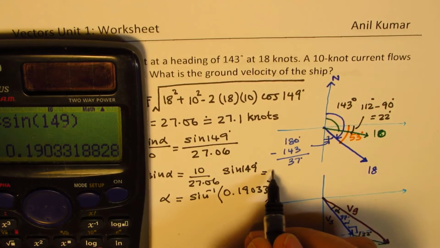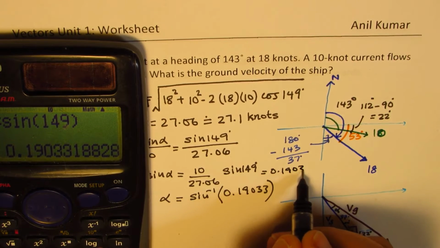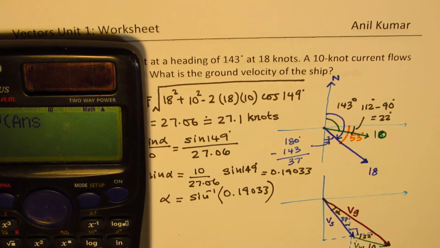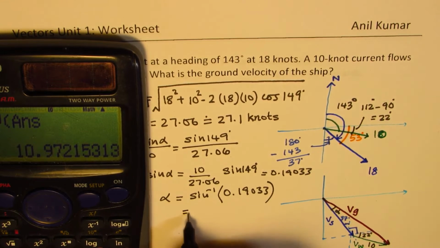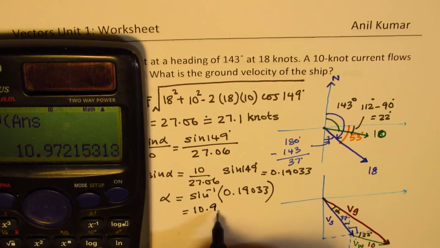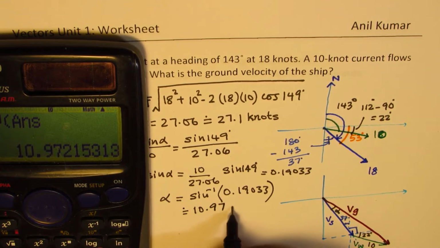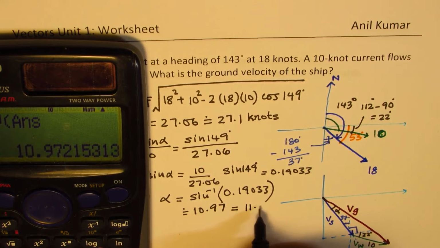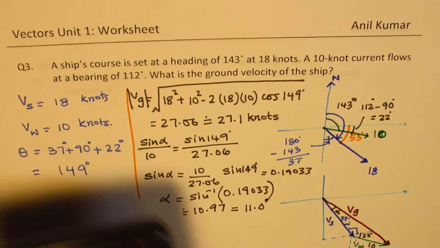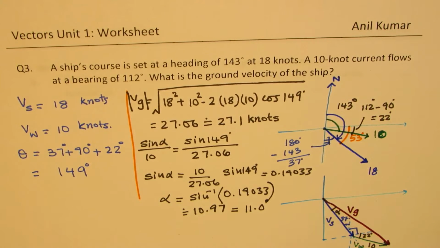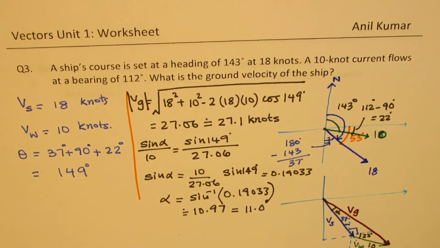So that was 0.19033. Correct. So we'll do shift sine inverse of our answer, and which is equal to 10.97. Okay. So that can be rounded to 11.0 degrees. So this is 11.0 degrees. That is the alpha, right?